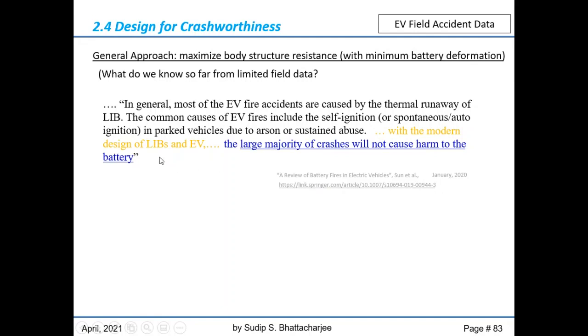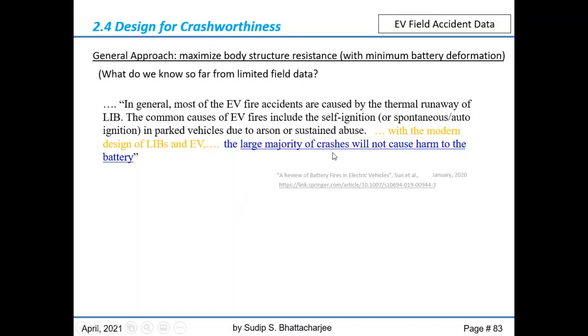It says, with modern design of lithium-ion batteries in EVs, the large majority of crashes will not cause harm to the battery. As an engineer and as a customer, I felt pretty secure in my mind that, okay, the design practice that is there in today's vehicles is doing good.